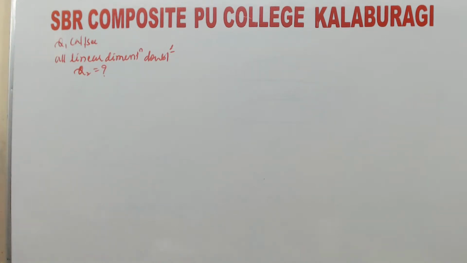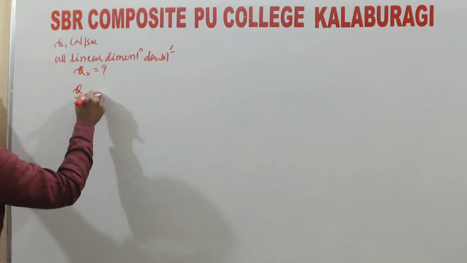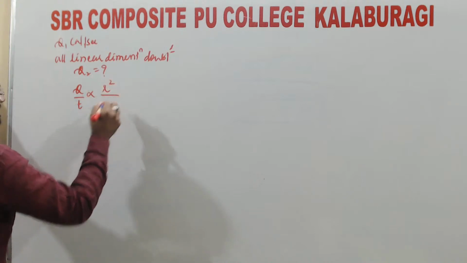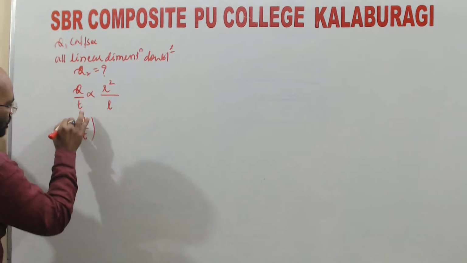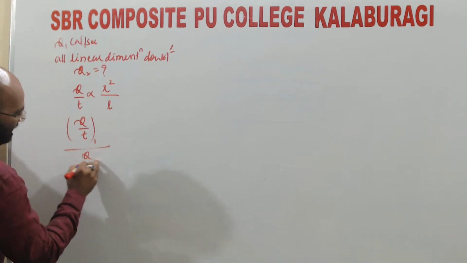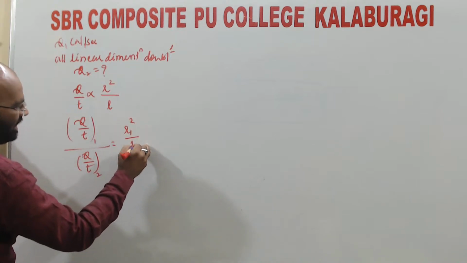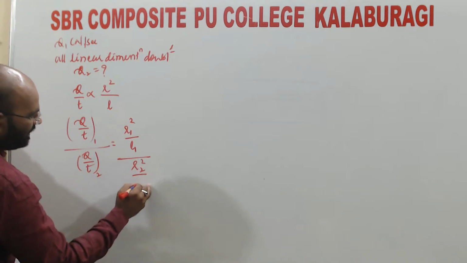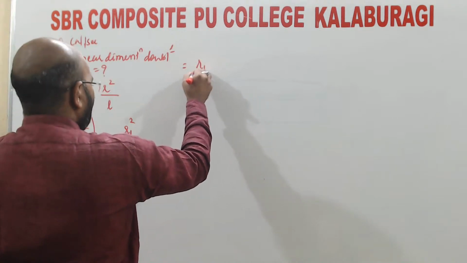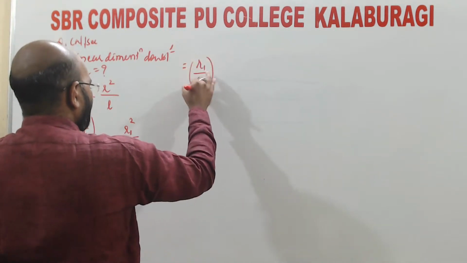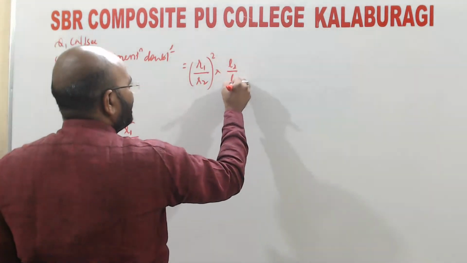Given the condition, once again apply the same equation we proved earlier. Q by T is directly proportional to the square of the radius and inversely proportional to length. Then Q by T of the first one divided by Q by T of the second one is R1 square by L1 whole divided by R2 square by L2. Simplify this: R1 by R2 whole square into L2 by L1.